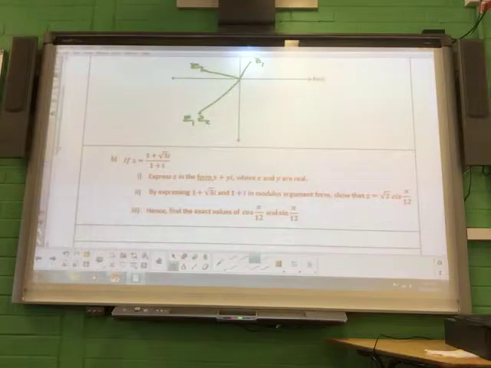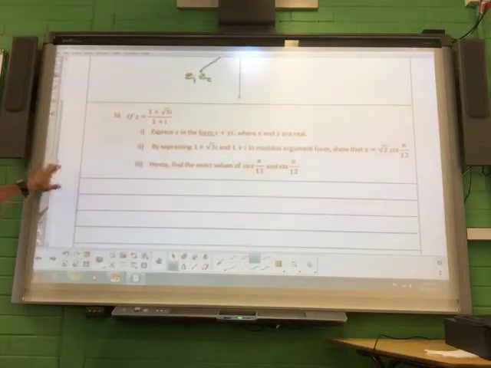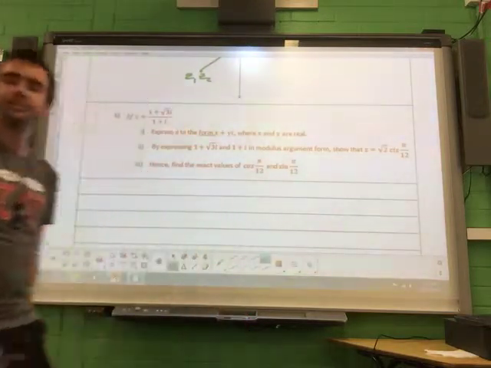Right, part B, if Z equals 1 plus root 3i, all over 1 plus i, part 1, express Z in the form x plus yi, where x and y are real. Okay, so what do I need to do?